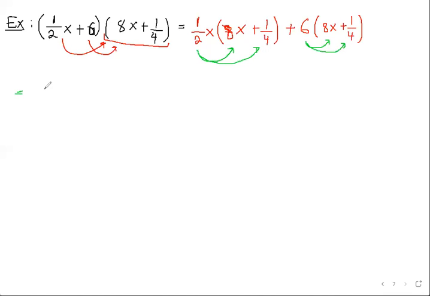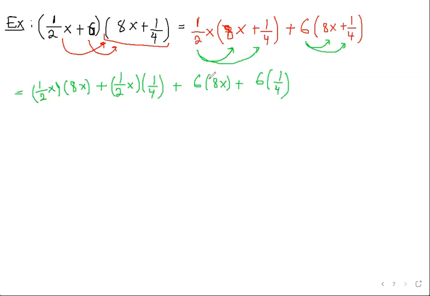But we're going to get 1 over 2x times 8x plus 1 over 2x times 1 over 4 plus 6 times 8x plus 6 times 1 over 4. We distribute the 6 by inside.